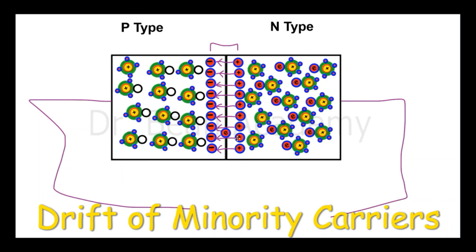At the same time, it will get an attractive force because these are positive charges, this vertical line on the right side. So this electron will get a push towards the n-type side as well as a pull from the positive charges on the right side. So it will immediately go to the n-type side.